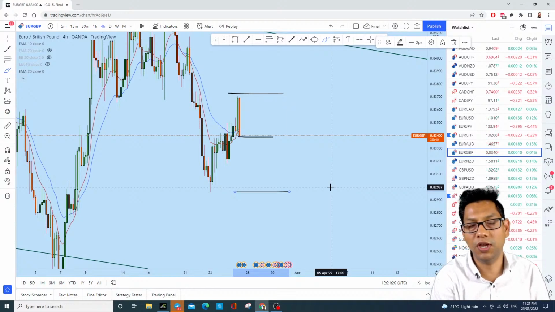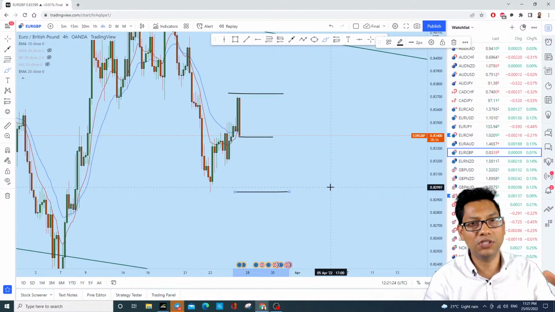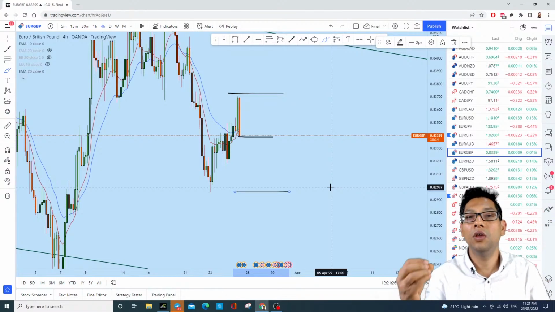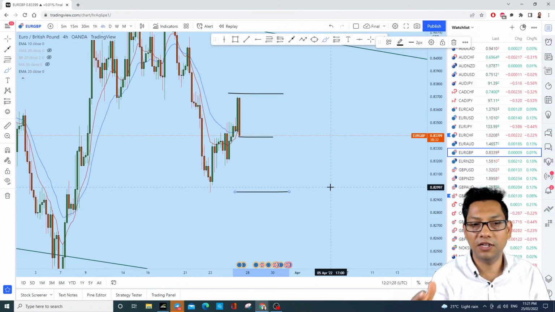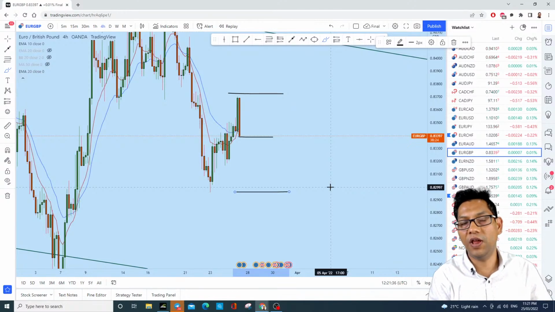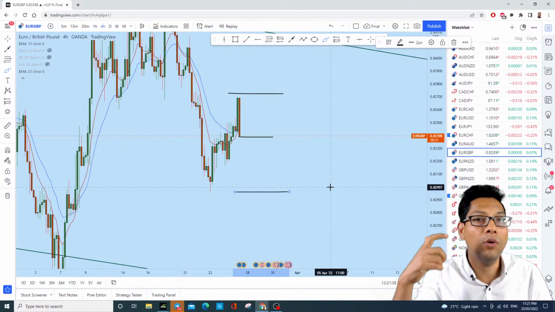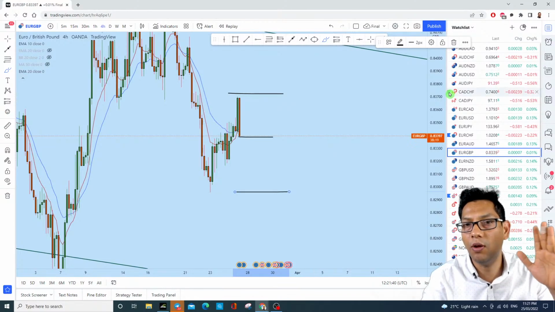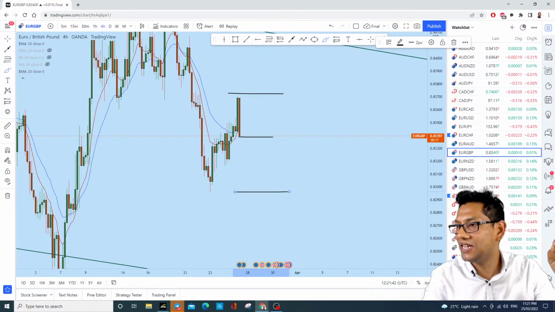Never do this. No one can predict the market with 100% accuracy. We always play with probability. Trading is probability. Probability means, for example, this time I traded with 5 times profit and 1 time loss. If I lose, I lose 1 time, but if I win, I win 5 times. That is the secret key of trading.